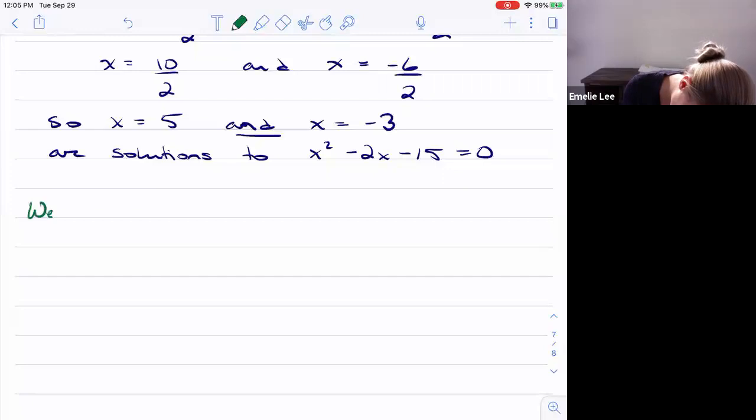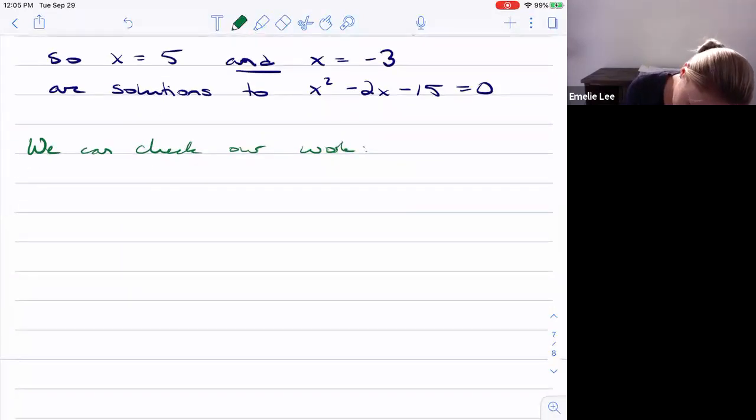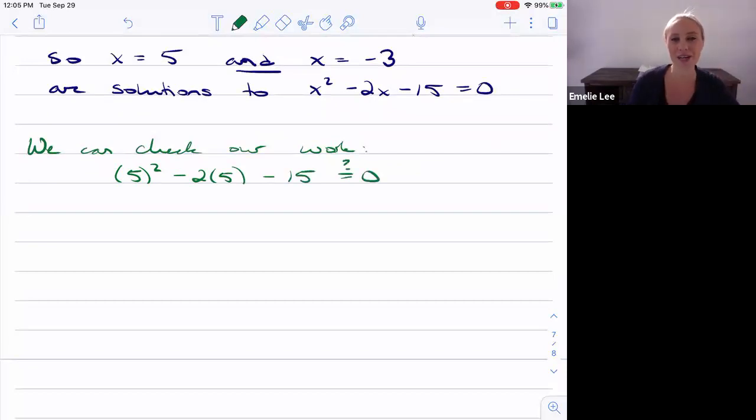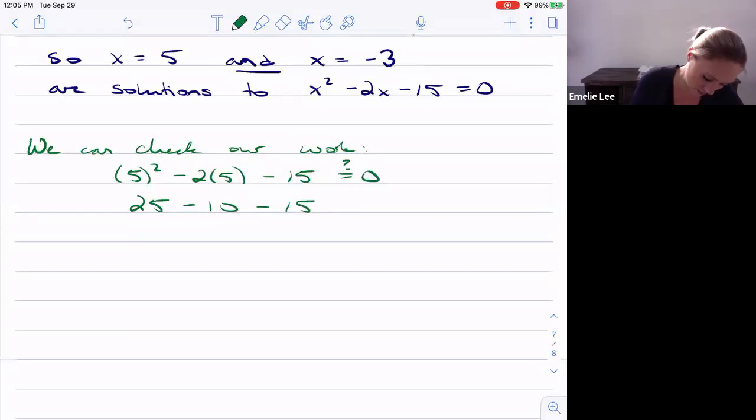We can check our work by saying, 5 squared minus 2 times 5 minus 15, does it equal 0? I put a little question mark above the equal sign to say, does it equal 0? I don't know yet. 5 squared is 25, minus 10, minus 15. It looks good, but I'm just going to check on my calculator. 25 minus 10 minus 15 is equal to 0.